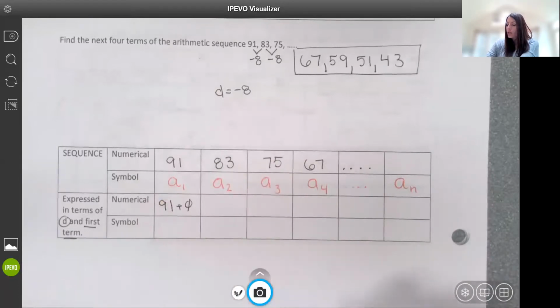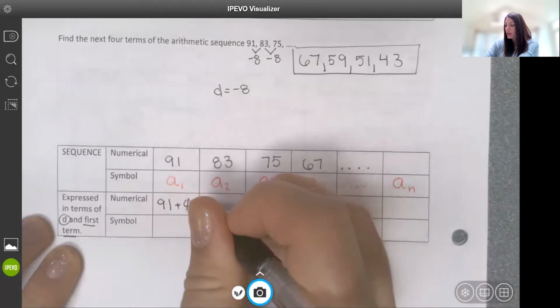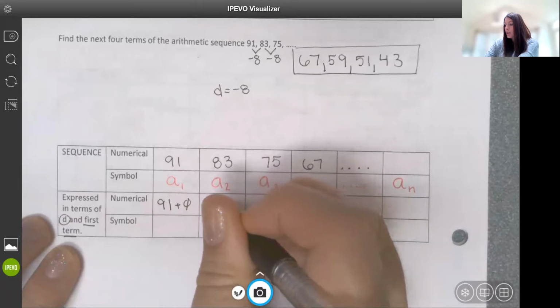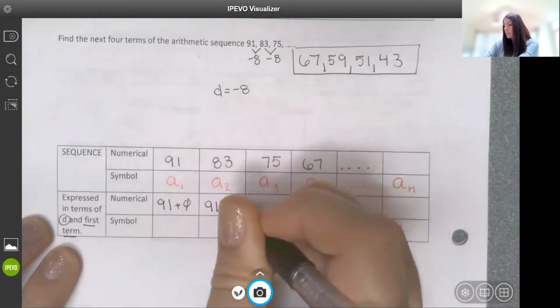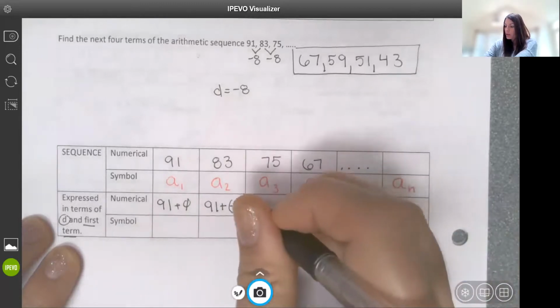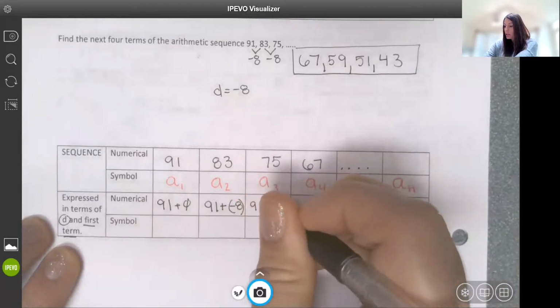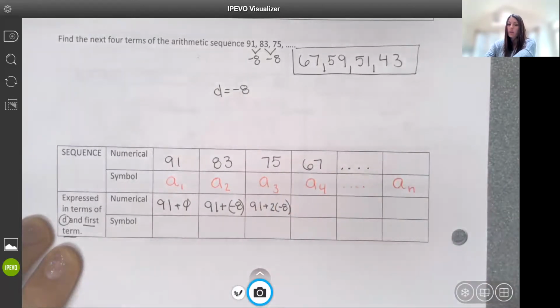For 83, if I need to use the first term and the difference, then I'll write 83 as 91, take away, or sorry, adding -8, because we want to write it as addition. And for 75, if I have to use the first term and just the difference, then I'll have 91 plus 2 differences of -8. Then -8 and then -8 again.